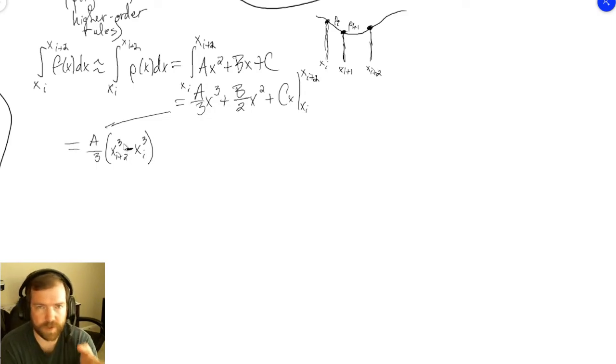Each one individually, when you take their antiderivative, you're going to get a over 3 times x cubed, and then evaluating each one of them, we get x sub i plus 2 cubed minus x sub i cubed.